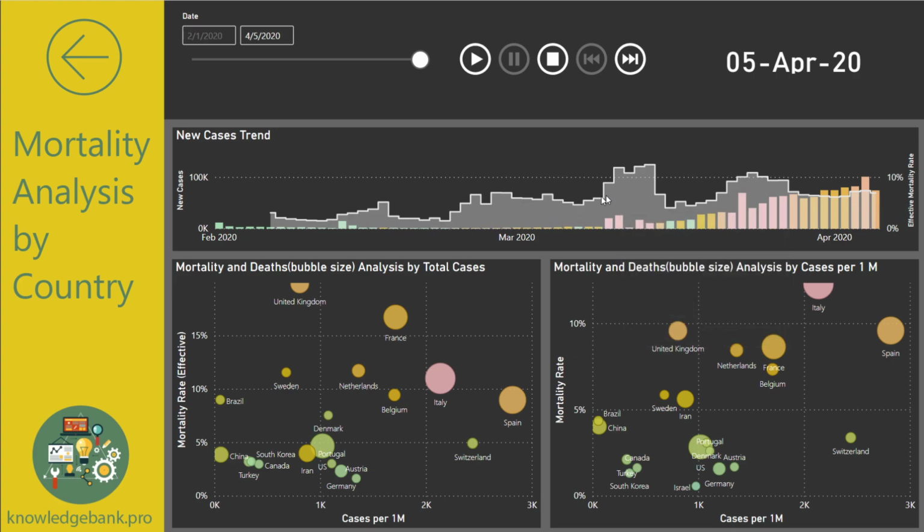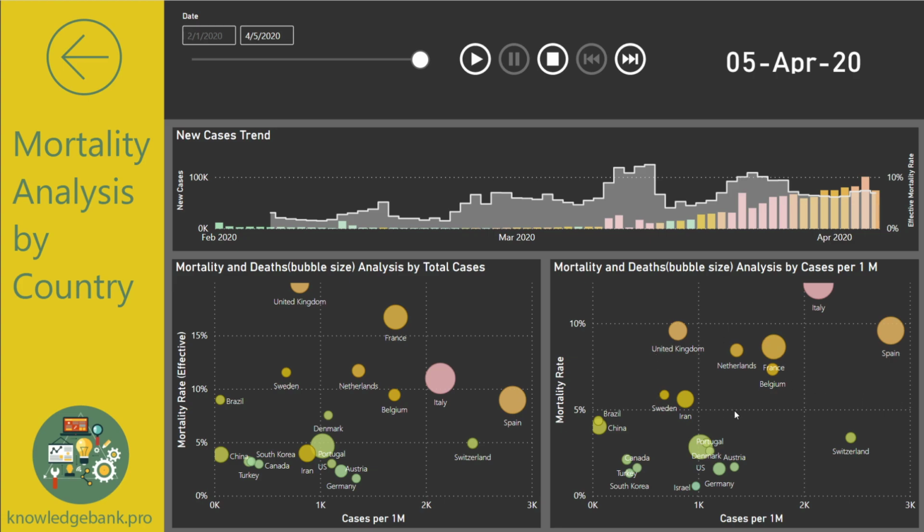And then the stepped white line here, you should look on the right, demonstrates what the effective mortality rate is on that day. So what I thought I would do is click on several countries and we can analyze whether we're getting more insight into mortality rates from these new capabilities that have been added to our dashboard.